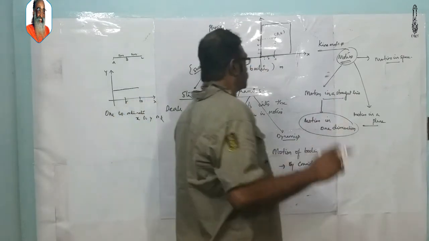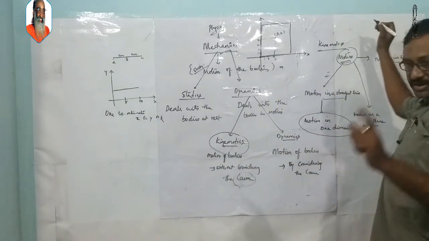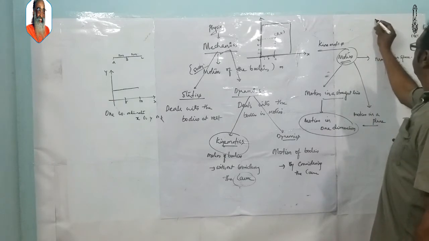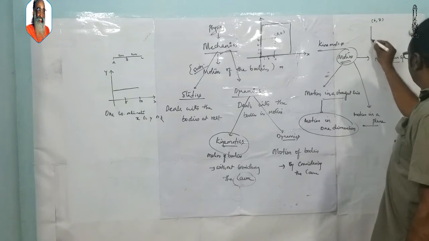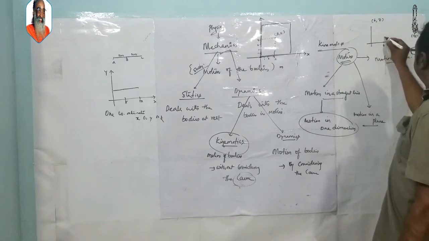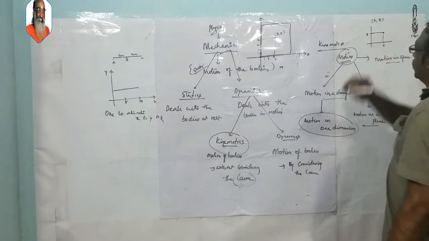I'll go with one more example here. If I say the point is lying in a plane, and it is at 6, 7, what do you understand from that? It is in a plane, at 6 meters on the x-axis and 7 meters on the y-axis. So here your point is lying.